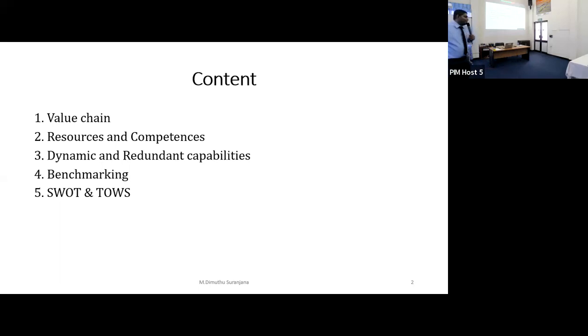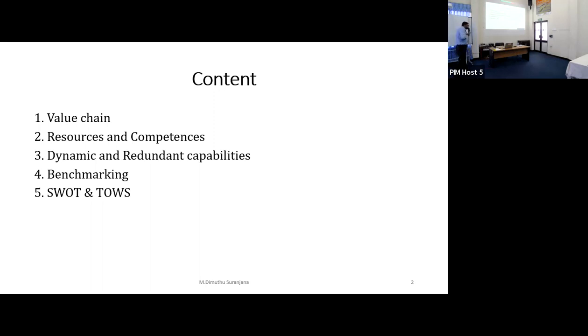The objective of conducting internal environment analysis is to identify strengths and weaknesses. Strength is normally favorable internal factors. Then weaknesses are normally unfavorable internal factors, which are not helpful to achieve our objectives.